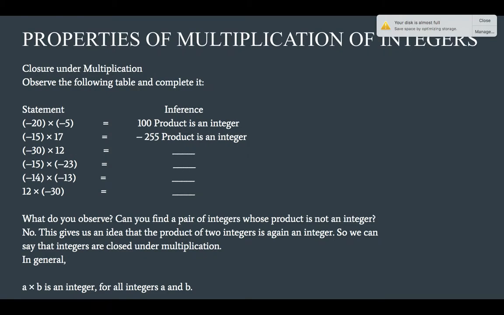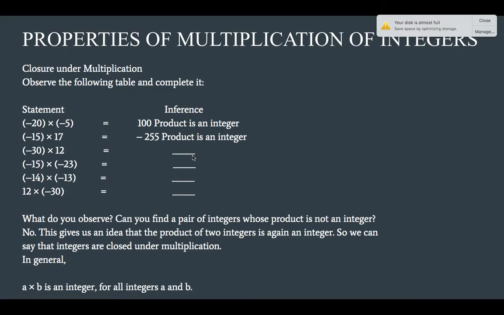Moving further, we have some properties of multiplication of integers: closure under multiplication. Let's observe this table. This product is 100, an integer. This is negative 255, which is also an integer. We can say that 30 times 12 is 300 plus 60, that is negative 360, which is also an integer.